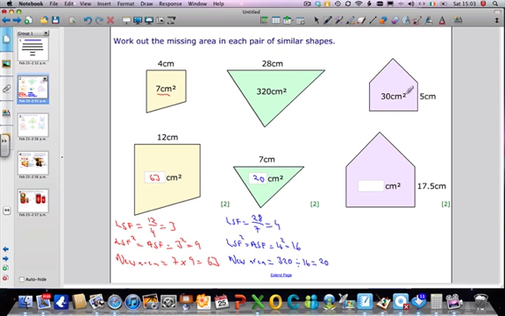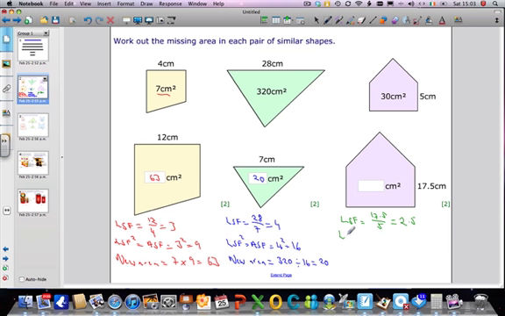Last one of these type, we're given two corresponding sides again, so let's work out the linear scale factor. It's the big side divided by the small side. So 17.5 divided by 5, and that goes in 3.5 times.